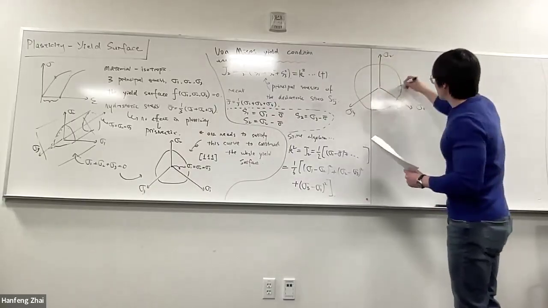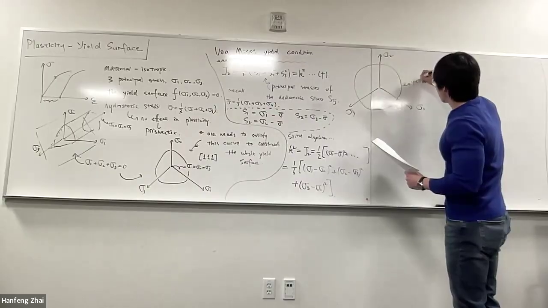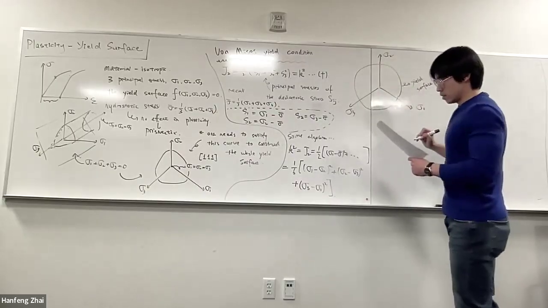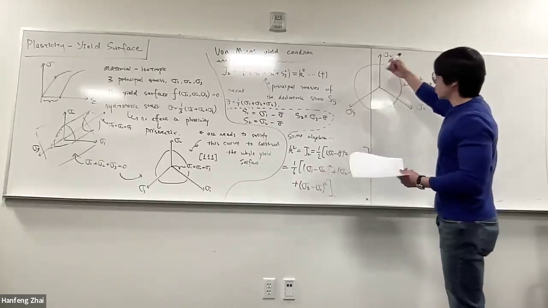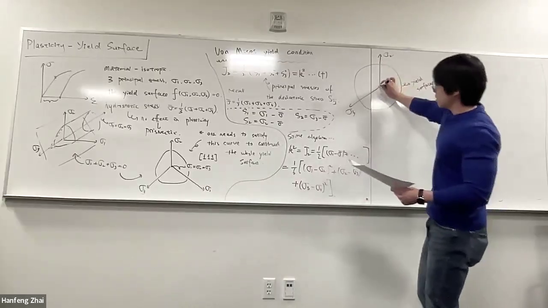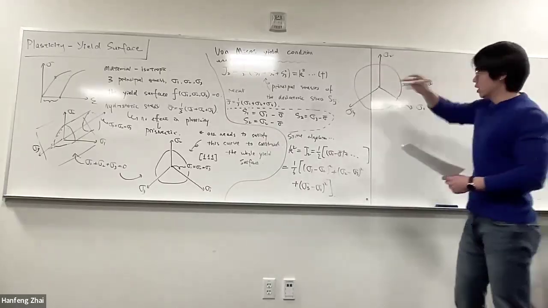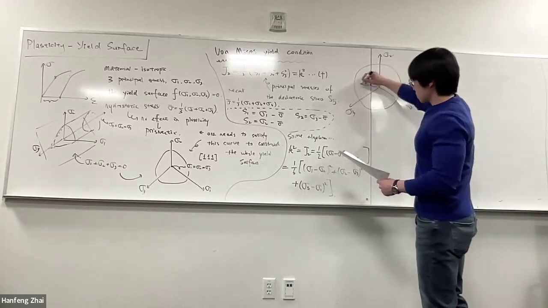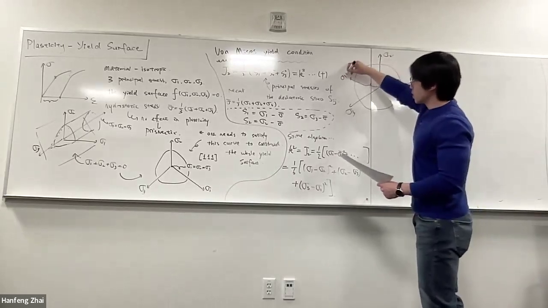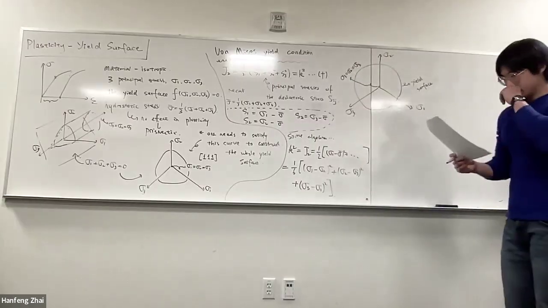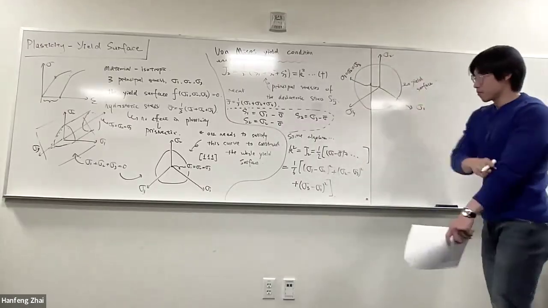So this is what we call the yield surface. And again, to re-emphasize, this axis pointing upwards is where sigma 1 equals sigma 2 equals sigma 3, and this plane we call the pi plane. But it looks like a circle.